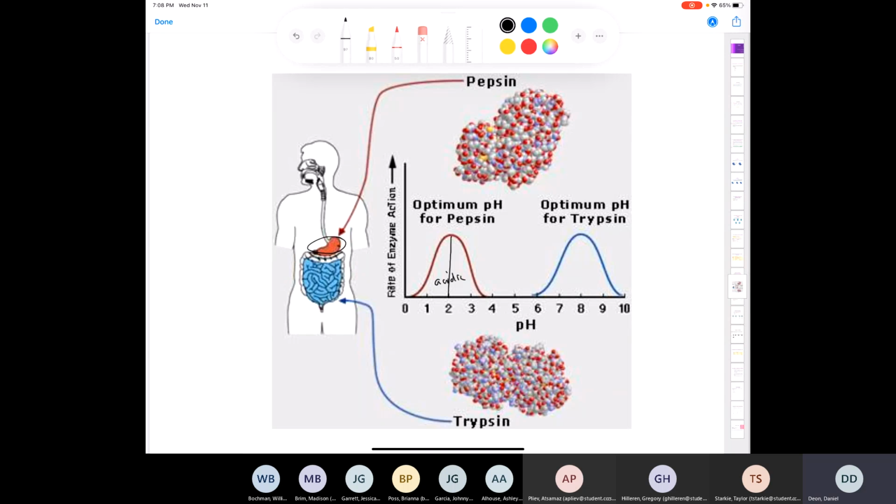Whereas trypsin's optimum pH is around 8, which is basic. But again, as I told you earlier on, the pH of the intestine is in fact basic. So different enzymes have different optimum pH levels for the rate of enzyme action.